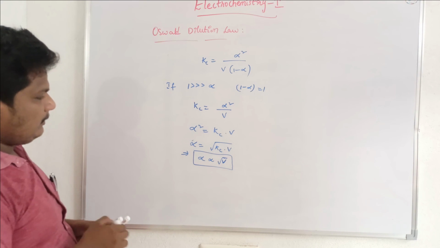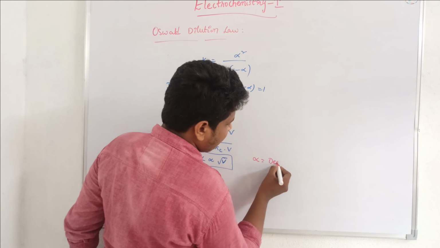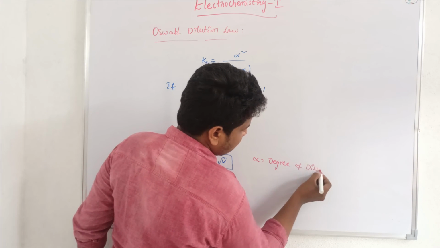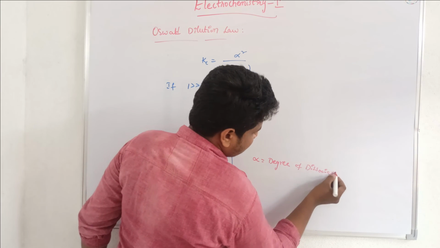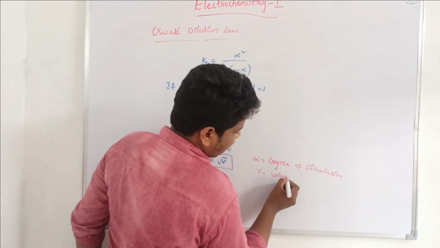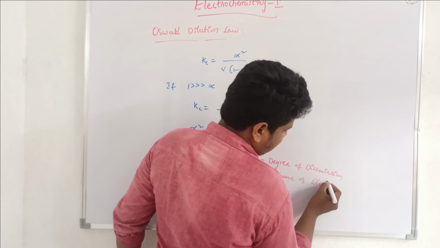Here alpha is the degree of dissociation, where V is the volume of the electrolyte solution.